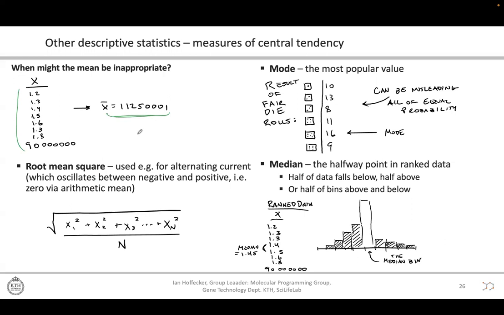If I'm going to reach into a hat and pull out one of these numbers, maybe what I want to know is what I'm most likely to see when I pull that number out. If we just go by the mean, this would not necessarily be a good representative indicator of what I'm likely to pull out.